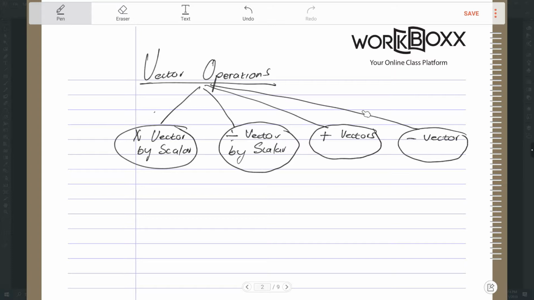So let's start by talking about the multiplication of a vector by a scalar.